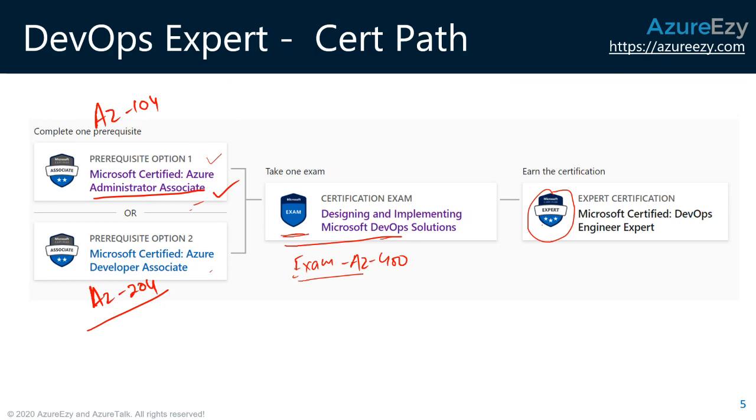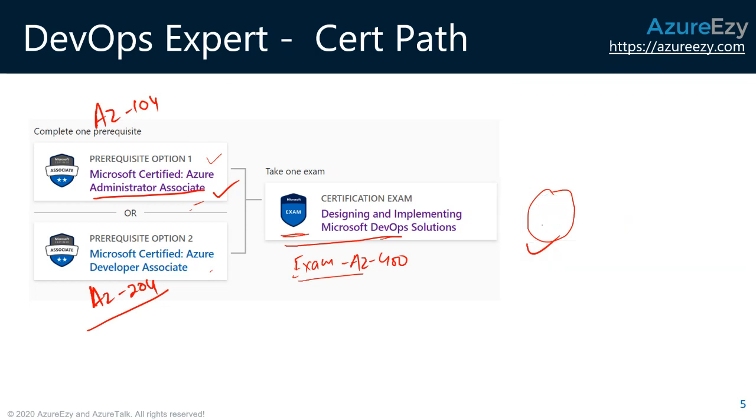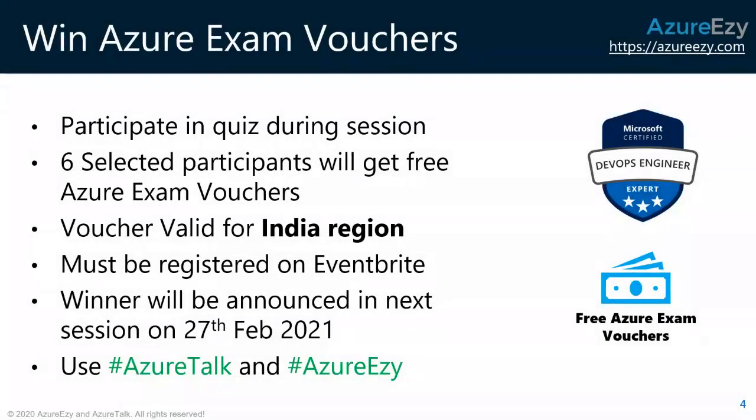So if you are planning for the complete exam track, you can refer to our YouTube channel and get all the content that you need to clear all 3 exams, get a voucher and get a DevOps certificate on your resume. On top of it, as we have discussed, we are also going to help you with the exam voucher.